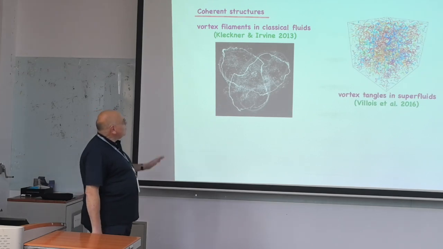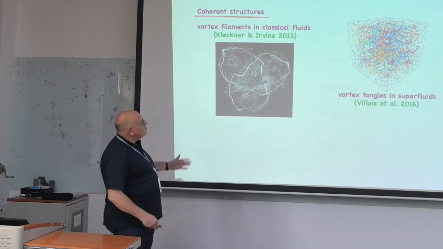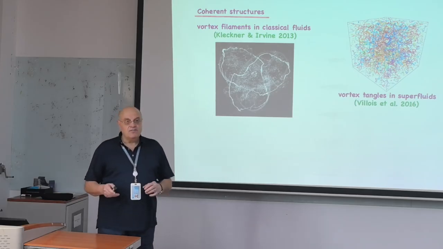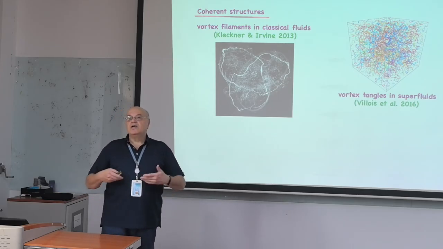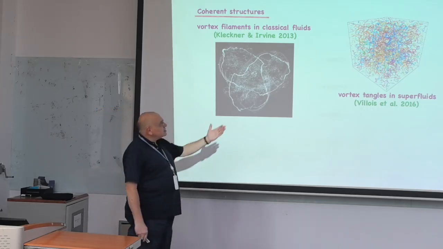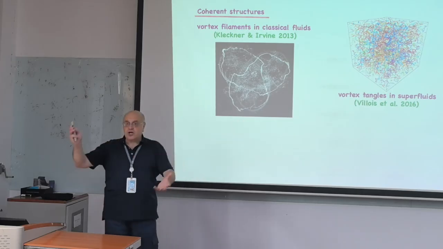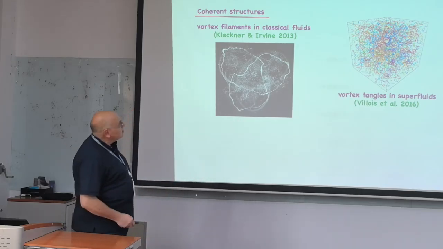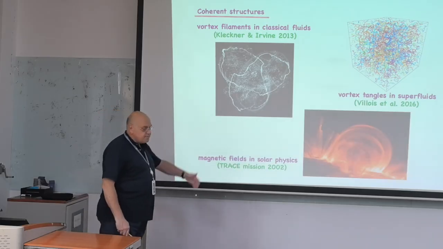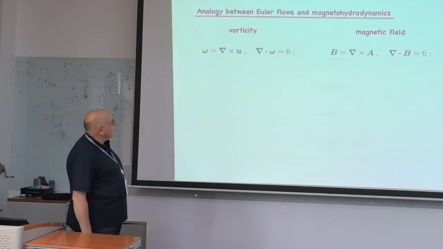So this is, I think, a Nature Physics paper. A few years later, people worked on quantum vortices, for example, governed under the Gross-Pitaevskii equation, and this is the visualization of a turbulent, highly complex tangle in superfluids. And then, of course, as I mentioned, magnetic fields in the sun.